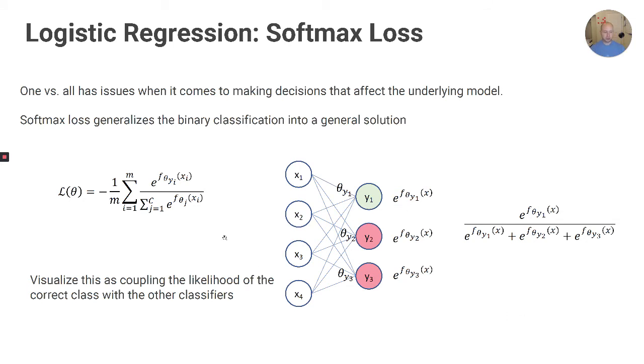I'm not going to go deep into this because deriving the derivative of the softmax loss is a little bit more involved. But the derivative of this particular loss with respect to a particular parameter takes into consideration the behavior of the other classifiers as well.